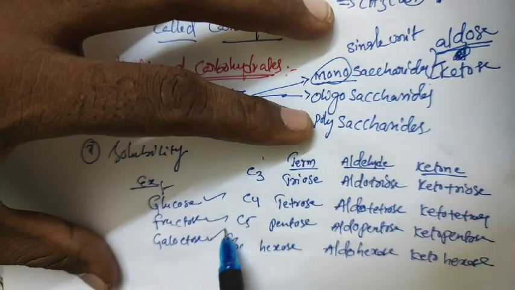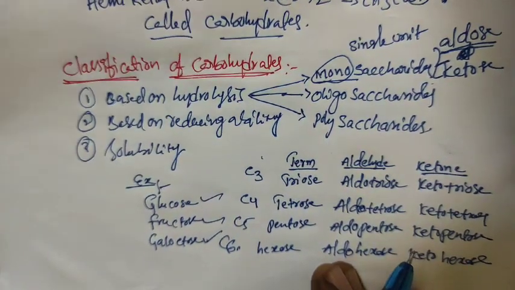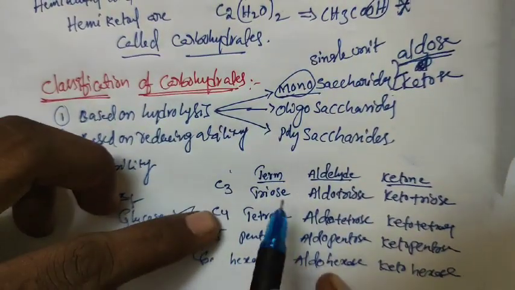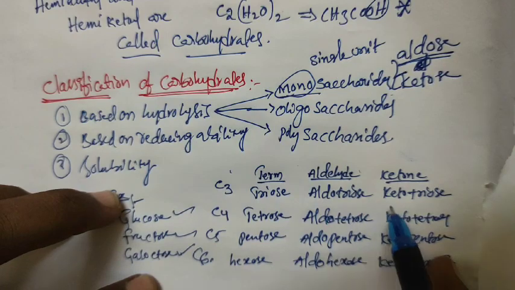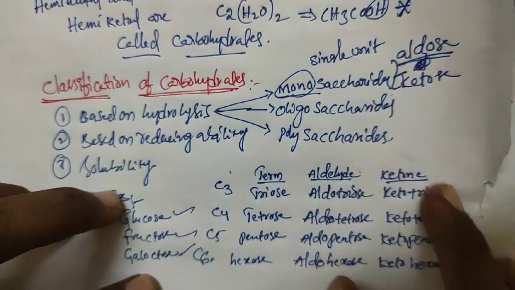Glucose, fructose, galactose. If the carbon number is 3, the term is triose; if the aldehyde functional group is there, it is aldose, otherwise ketose. This is the nomenclature.